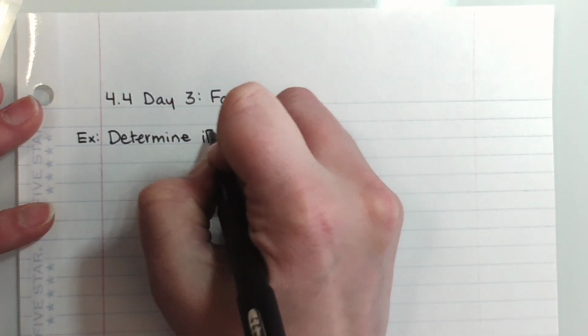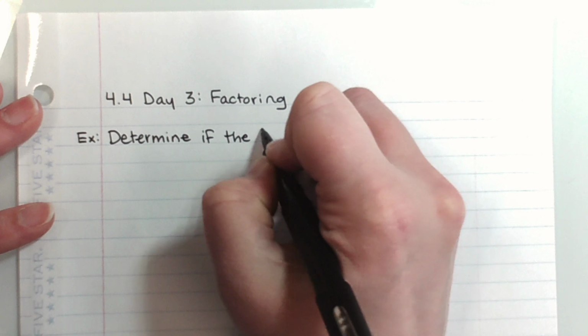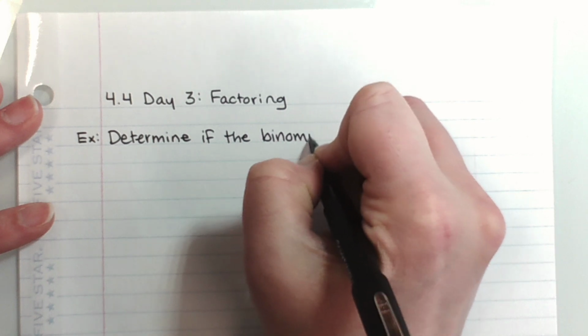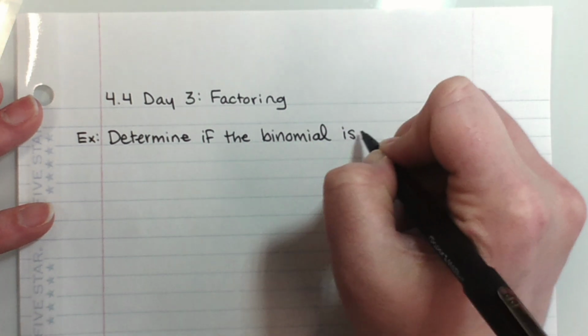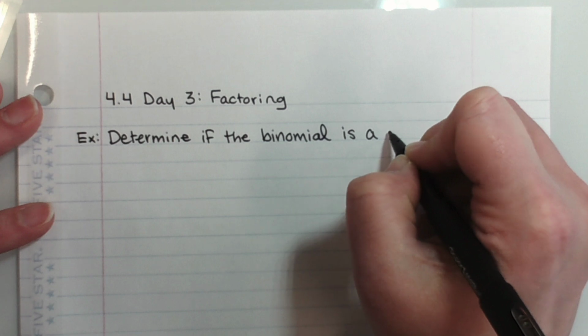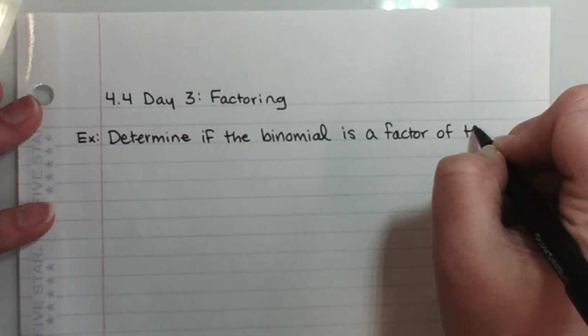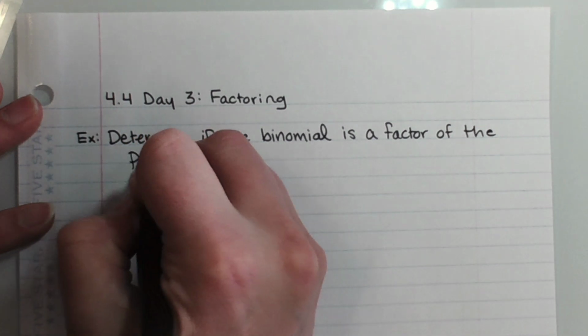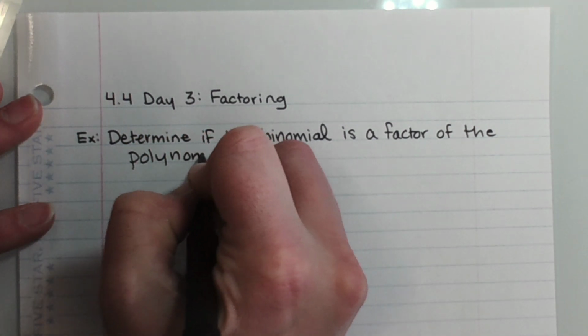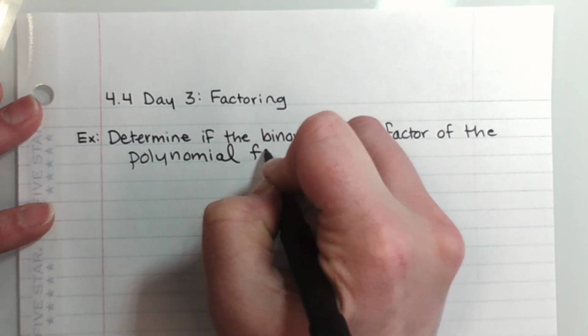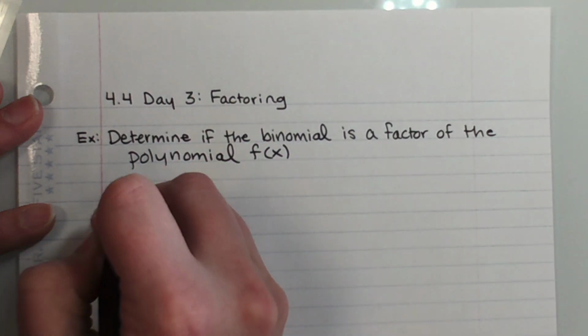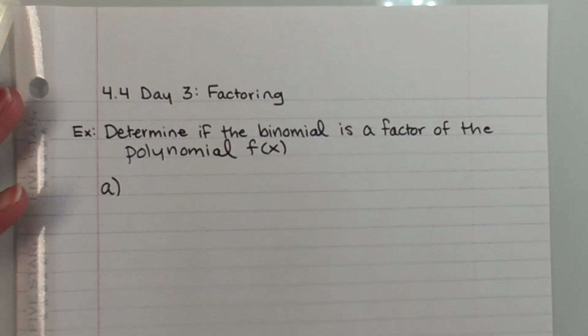So today you're going to see questions like, determine if the binomial is a factor of the polynomial, specifically the polynomial f of x, because a binomial in itself is a polynomial.